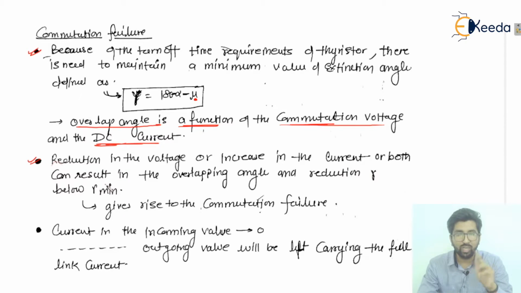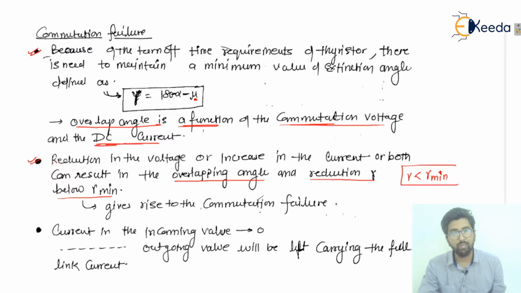That is, gamma will become less than gamma minimum.